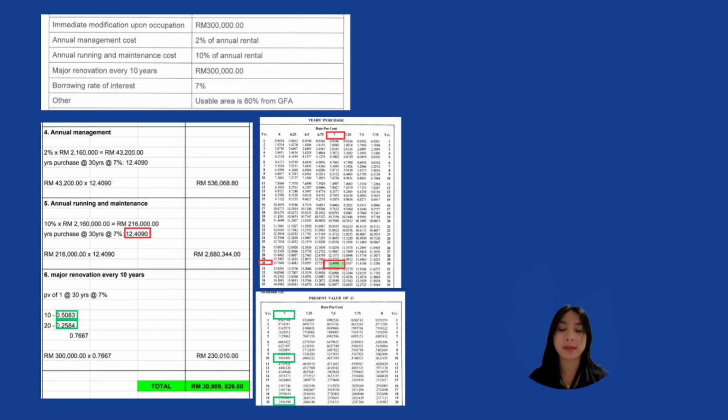The annual running and maintenance cost is 10% of the annual rental or RM216 annually. Its present value is RM2,680,344.